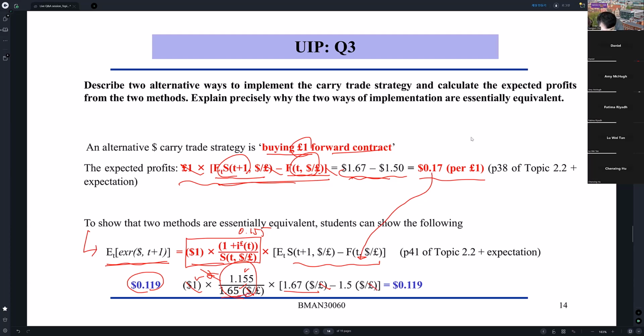So at the end, this number times this minus this, you should get the same dollar amount. So what we just showed is that your excess return from implementing the first form of dollar carry trade is equal to some number times a scaled version of the expected profit from implementing dollar carry trade using a forward contract. So we just showed they are equivalent in this sense. So that's question 3.